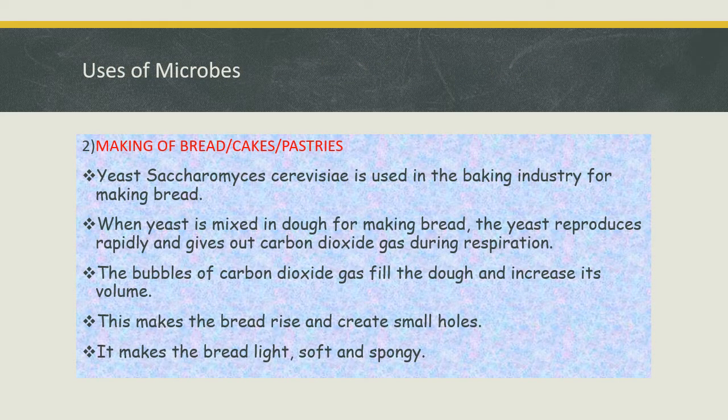The second useful function of a microbe is in making bread, cakes, pastries. Hope you would have noticed some small holes formed inside the bread. The reason is the carbon dioxide gas which is released, making these holes.